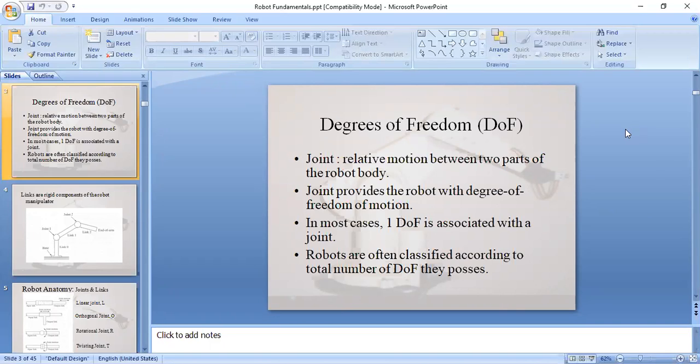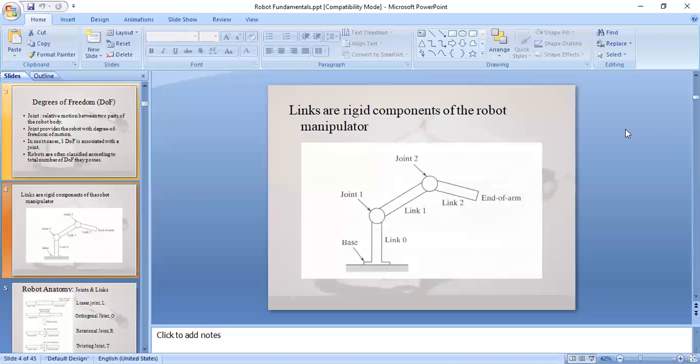So the basic elements involved in a robot arm are base, then link 0, link 1, and link 2. This is one example of a robotic arm. These links are connected with the joints, joint 1 and joint 2.